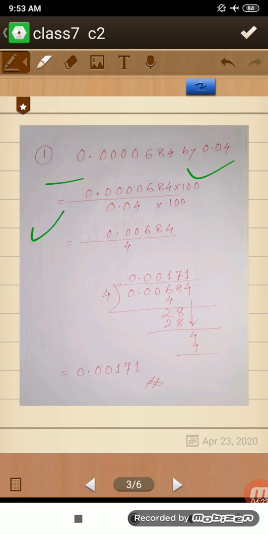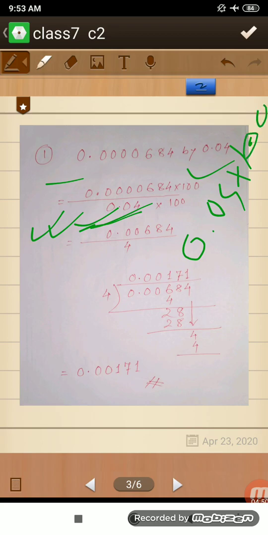According to the steps already told you, this denominator you need to make a whole number. How can you make it? If you multiply 0.04 by 100, then you get 4.